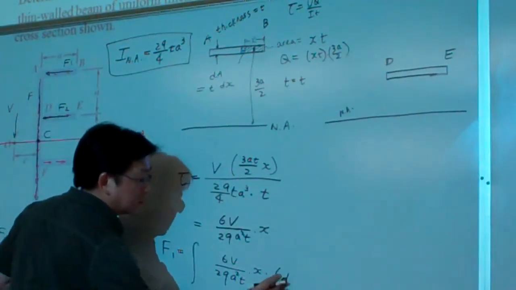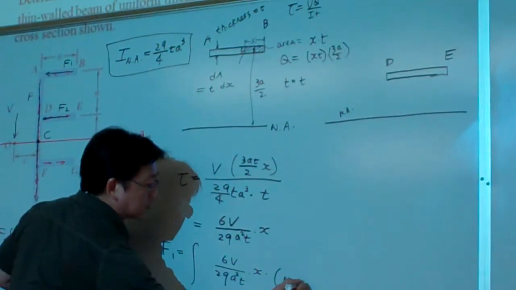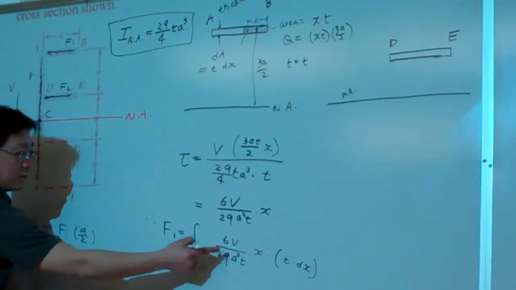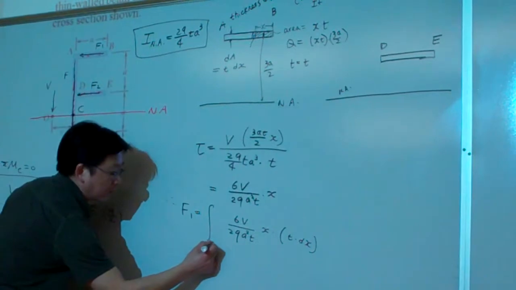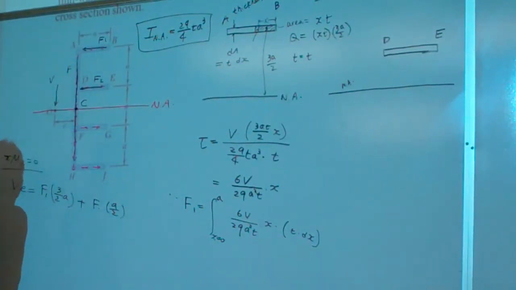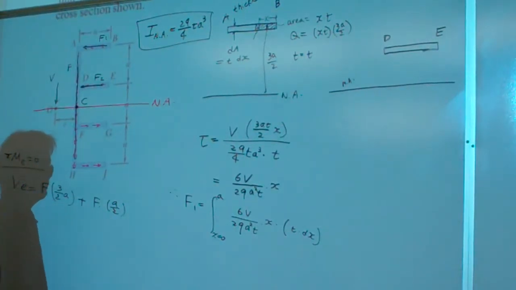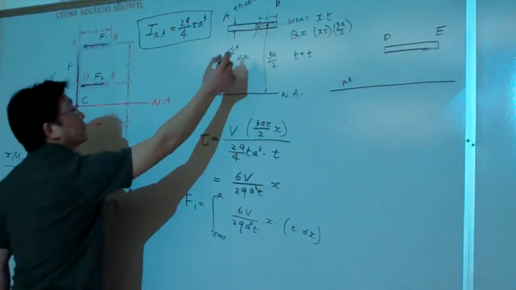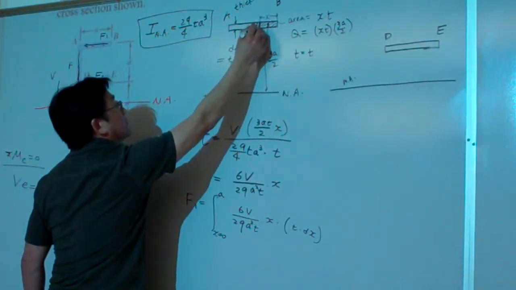We simply use this formula, t times dx, and integrate from x equal to 0 to a. It is the integration of the small areas, right?